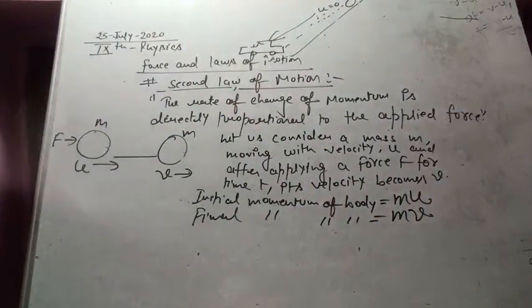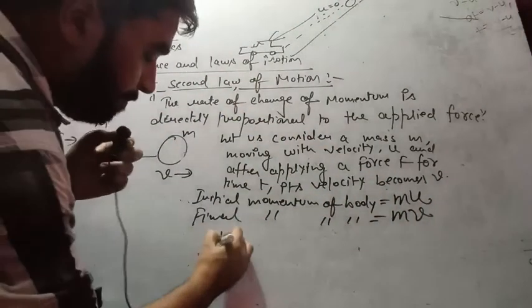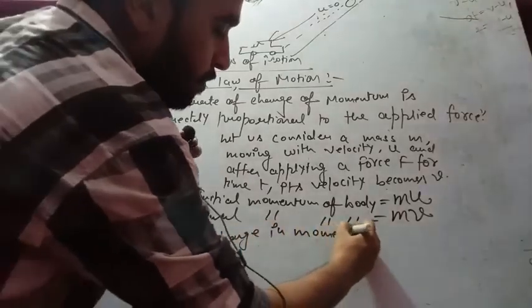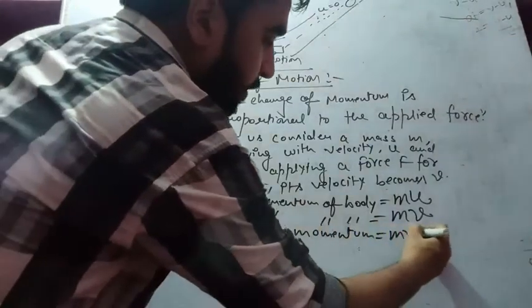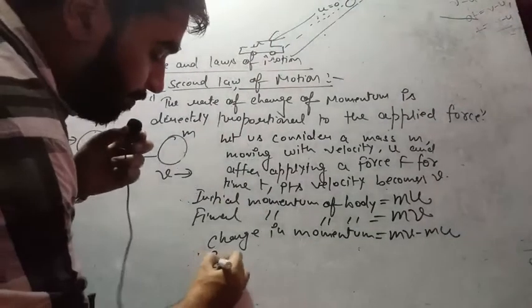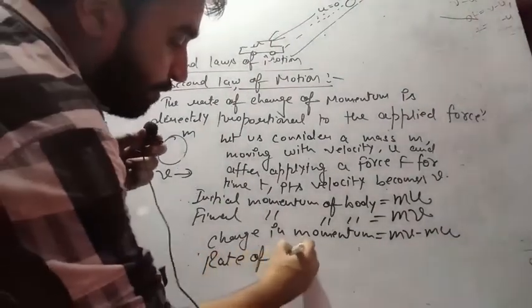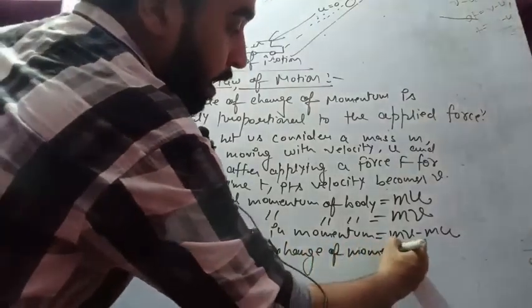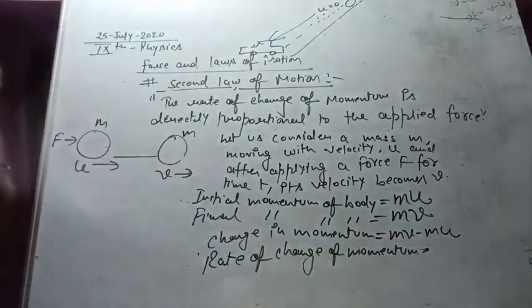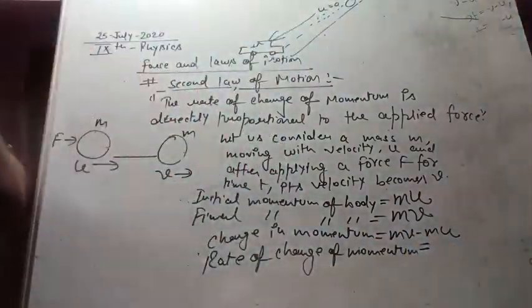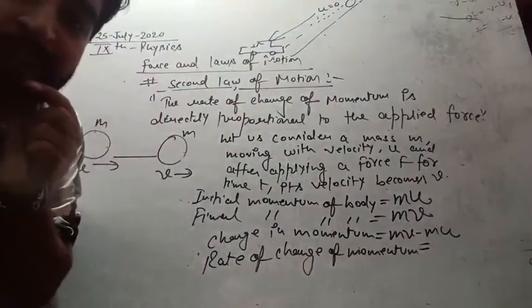Now try to correlate this example. What is the change in momentum? Change in momentum is mv minus mu. Yes or no? Whenever we have to calculate the rate of change of momentum, I have told you so many times in my previous lecture, whenever we are calculating the rate it means with respect to time.